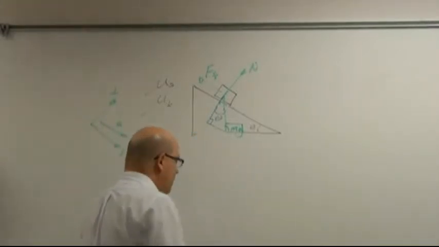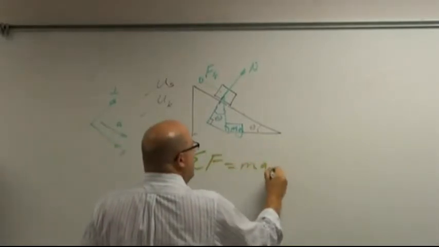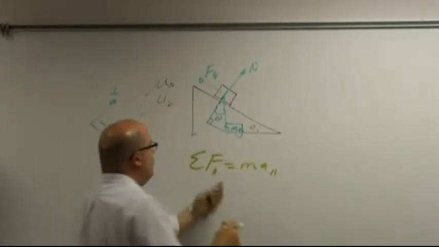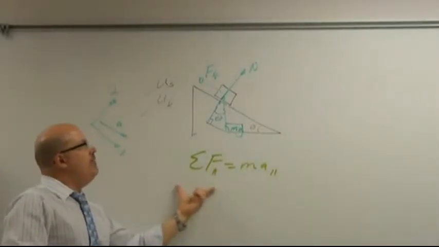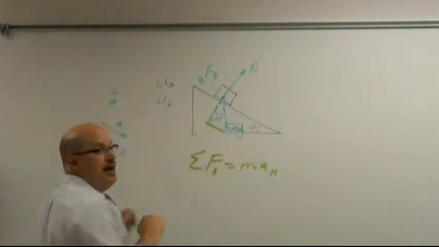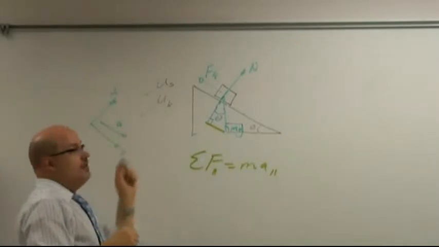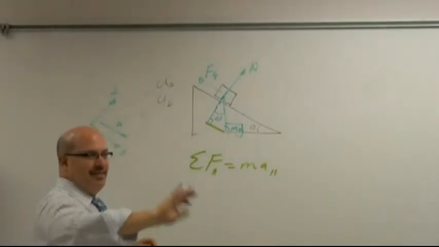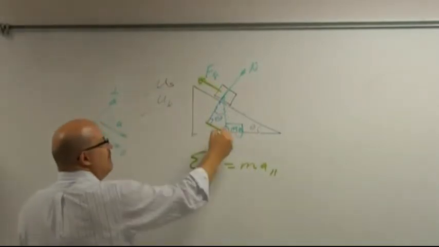All right, now, let's build our F equals ma in the parallel direction first. What do we got? How many forces do we have in the parallel direction? Not x, parallel. Parallel to acceleration. Force of friction, is that positive or negative?